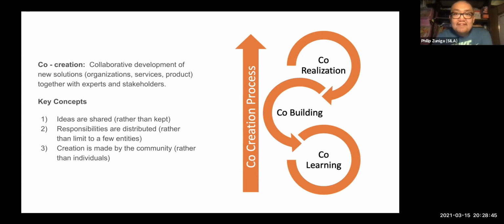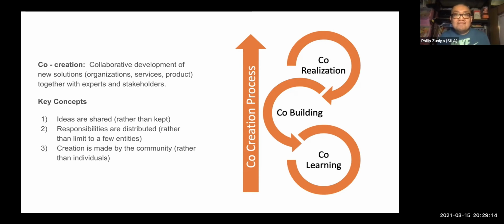So what are the 8 concepts in the cooperation framework? Number 1, ideas are shared. All the ideas that we have in developing the lab, we share rather than keeping them. Number 2, responsibilities are distributed. When we set up an in-country lab, the responsibility is not limited to the country itself.